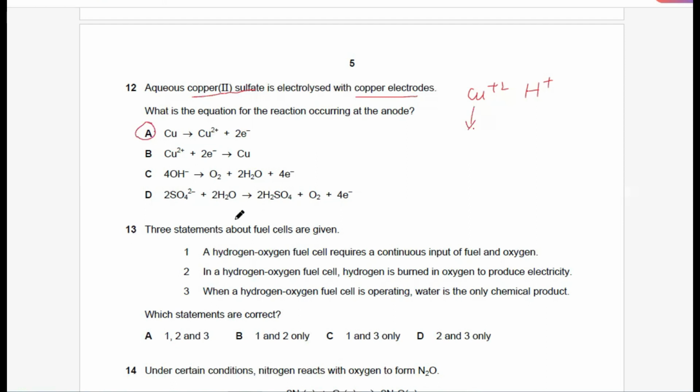Let's see question number 13. Three statements about fuel cells are given. 1: A hydrogen fuel cell requires a continuous input of fuel and oxygen. This is right. 2: In a hydrogen oxygen fuel cell, hydrogen is burned in oxygen to produce electricity.